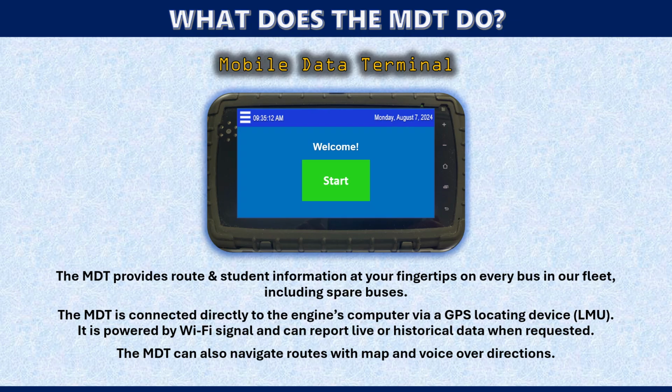It's powered by Wi-Fi signal and can report live or historical data when requested. The MDT can also navigate routes with map and voiceover directions. The MDTs house the most up-to-date information as long as you are syncing your tablet daily.